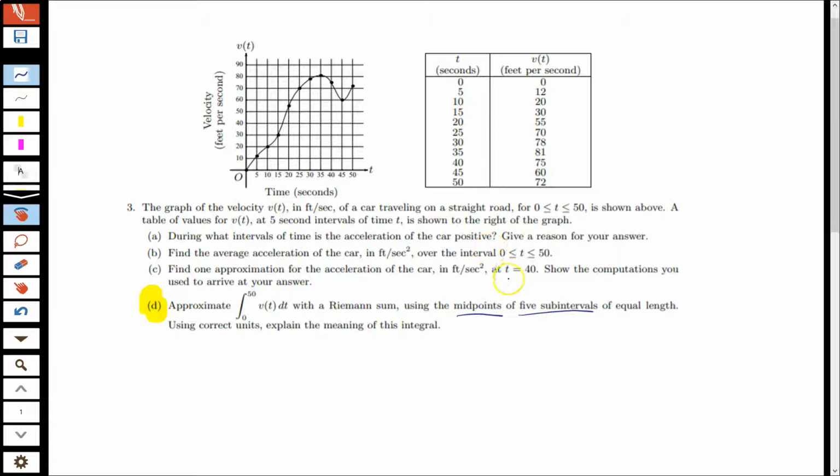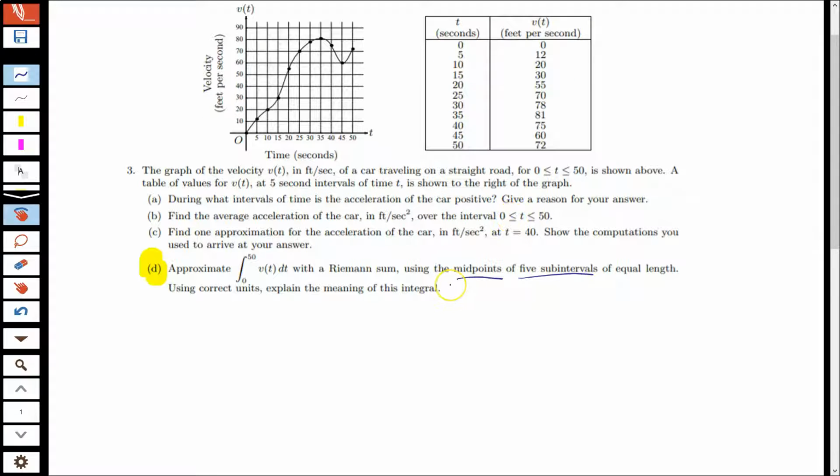Let's start by figuring out the length of our subintervals. So 5 subintervals of equal length from 0 to 50. Well, that means 50 minus 0 over 5. The difference between the bounds over the number of subintervals gives me 10, right? So my subintervals are going to be 10 units long.